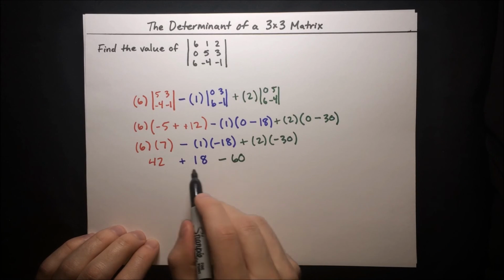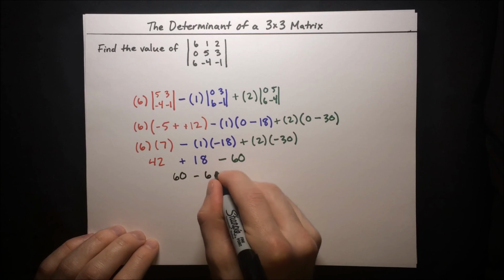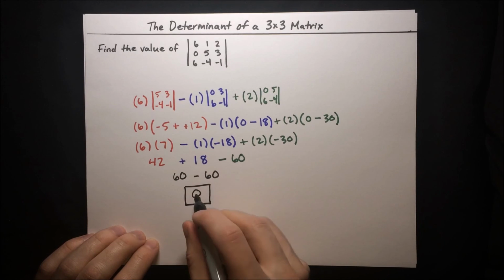And 42 plus 18 is just 60, and if we take away 60, then we just have 0. So that's the determinant of this matrix.